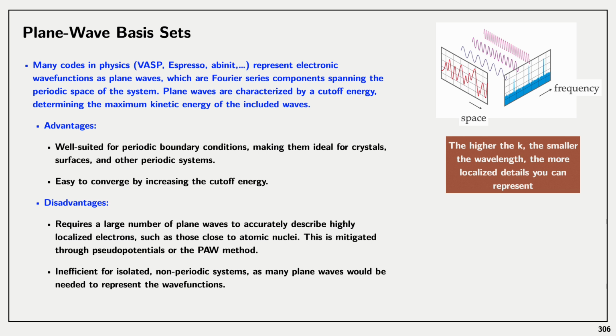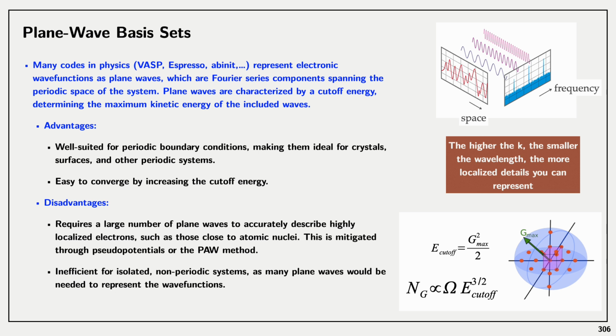Now, if you do a calculation with plane waves, you will see that you are not actually giving the highest frequency. This is not how it's done conventionally. Instead, when we do a plane wave calculation, we use a cutoff energy. We can do that because if we consider the kinetic energy of those waves, basically the energy of a free electron, you can represent the highest momentum.